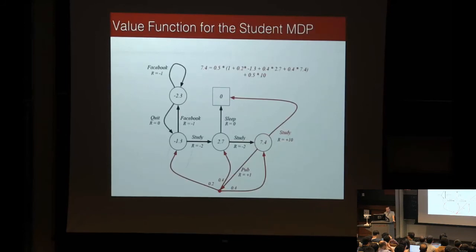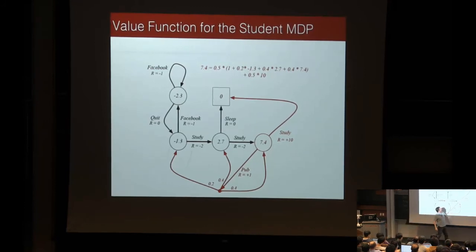So for example, here's the value function for the student MDP. The way you compute the value of being in this state is given here. With probability 0.5, your reward is 10 and you go to the terminal state. With probability 0.5, you get the reward 1, plus with probability 0.2, you end up in the state with value minus 1.3, and so forth.